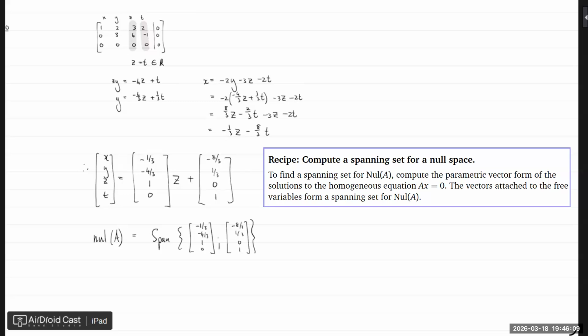Suppose that we have two vectors in R^3. Basically, it is only the homogeneous equation.